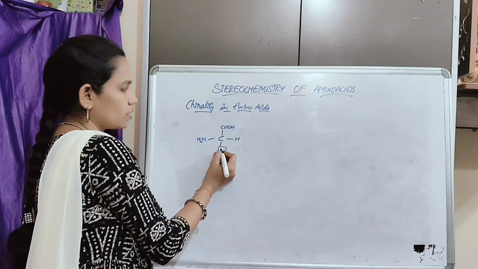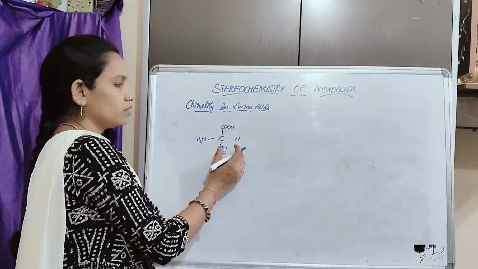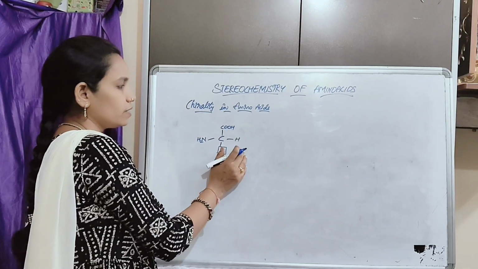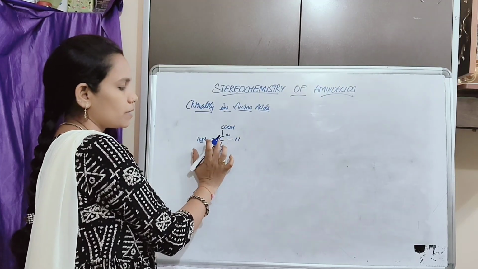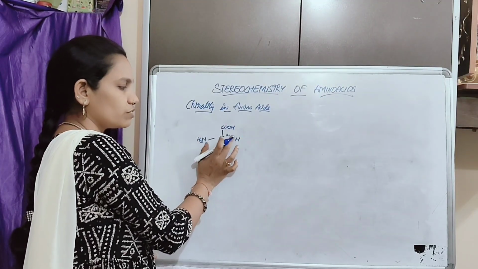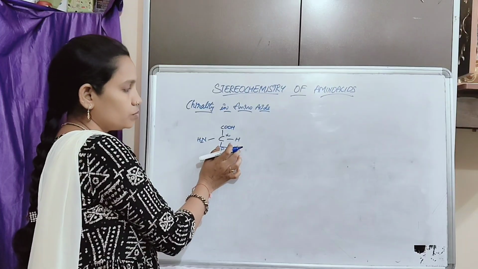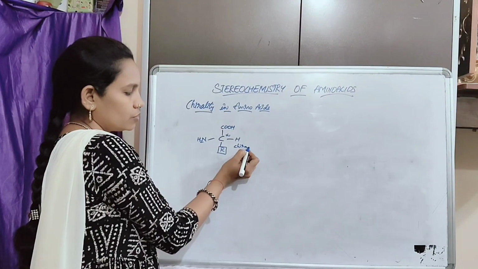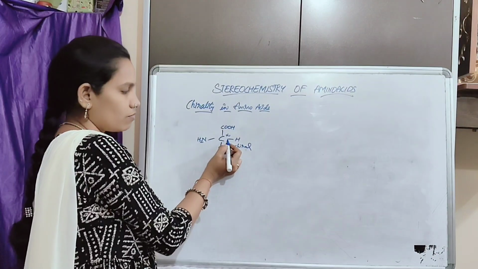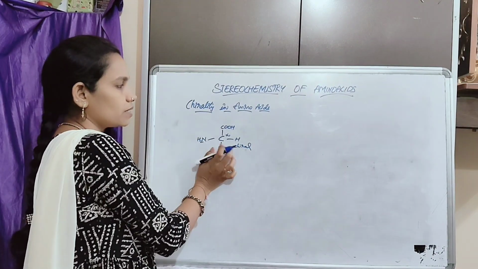Now this is the R group which differs, right? Now here these are all again different groups. So here when the carbon atom is bonded to 4 different functional groups, then the carbon becomes chiral. So here it is the first carbon, alpha carbon, right? Now this is nothing but the chirality.